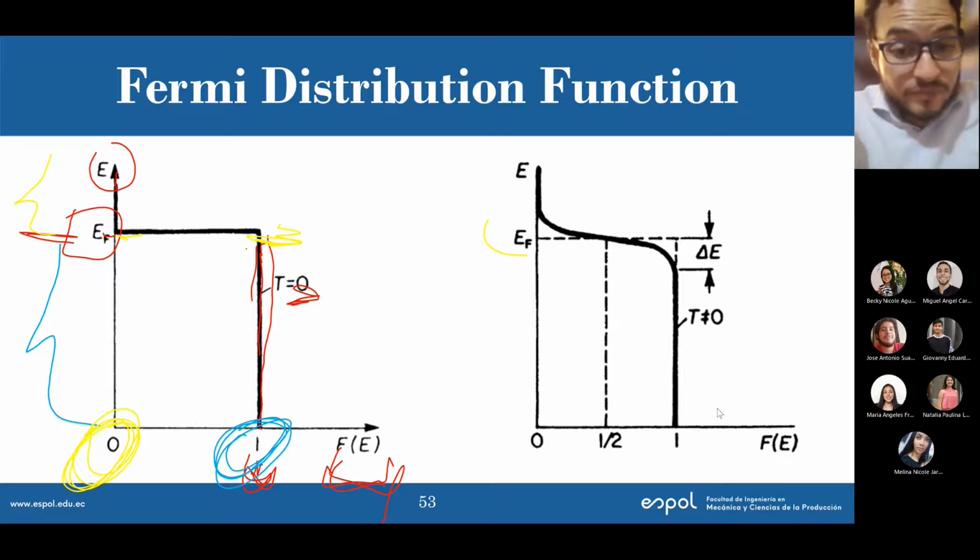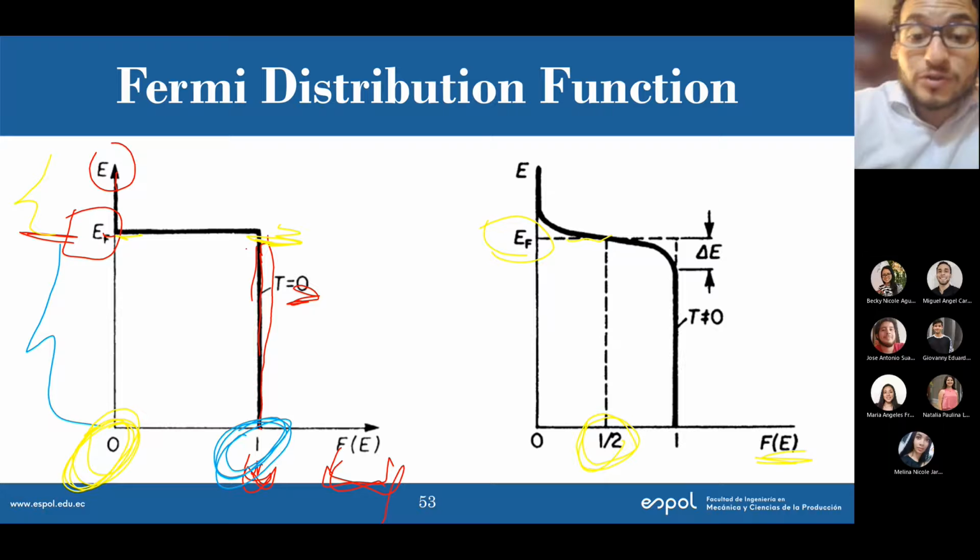You could say that it is the highest energy that electrons can assume to have a 50% probability, because the Fermi energy when t is not equal to 0 is the level where the Fermi function equals a half, right? So basically, when you have a 50% chance of an occupied energy level.